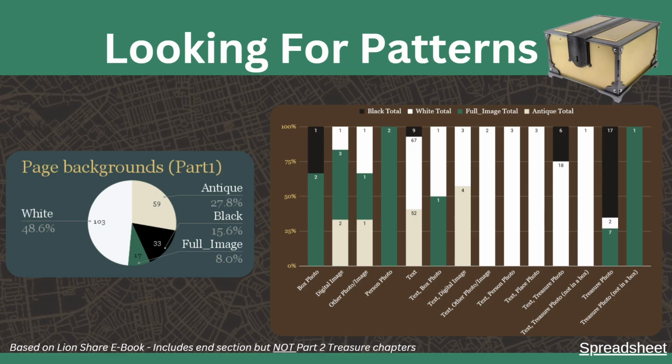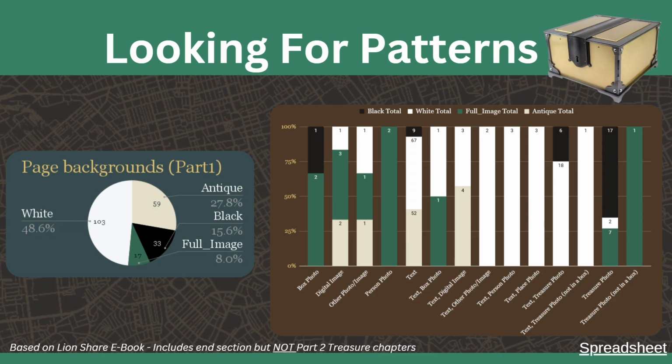Some of those full images were on that bluish background, some were black, some were the whitish background, but they didn't have any words. They just had some sort of image, whether a digital image, a treasure image, a photo of a real person, or a signature, things like that. In the back of my head I was wondering whether there was a specific reason for those, or if it's random. Is it that there are clues if it's an antique background and white is just words, all of that.